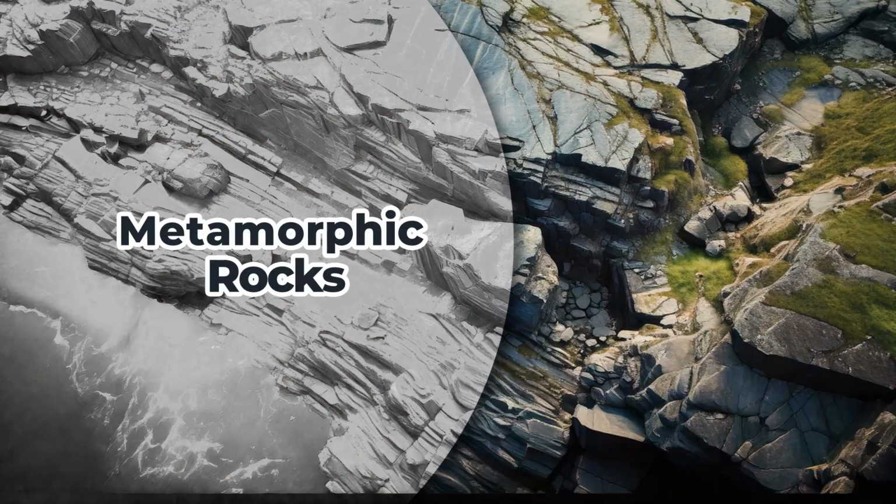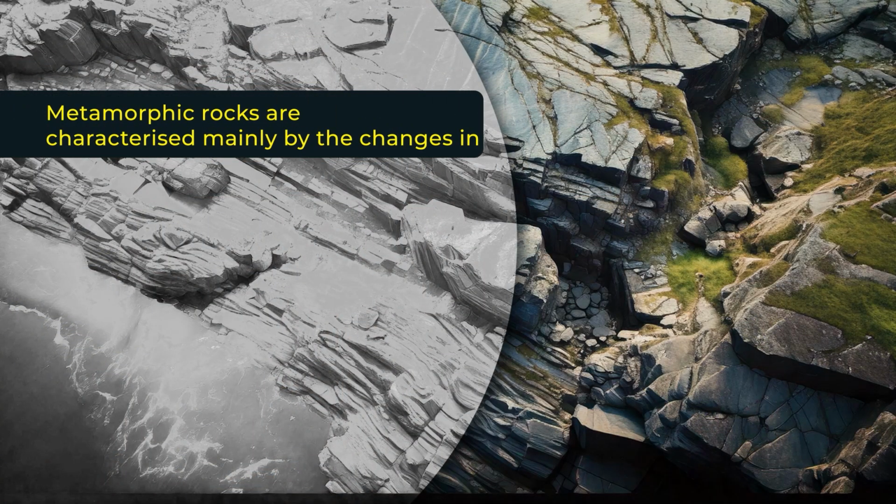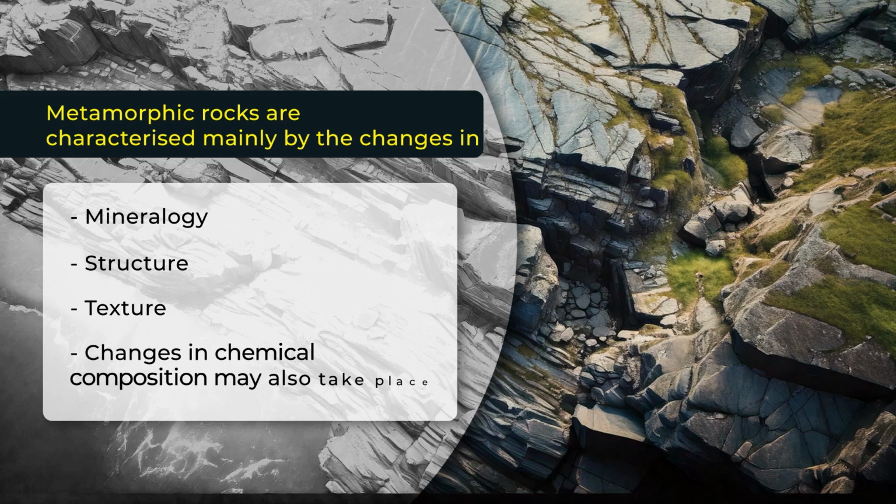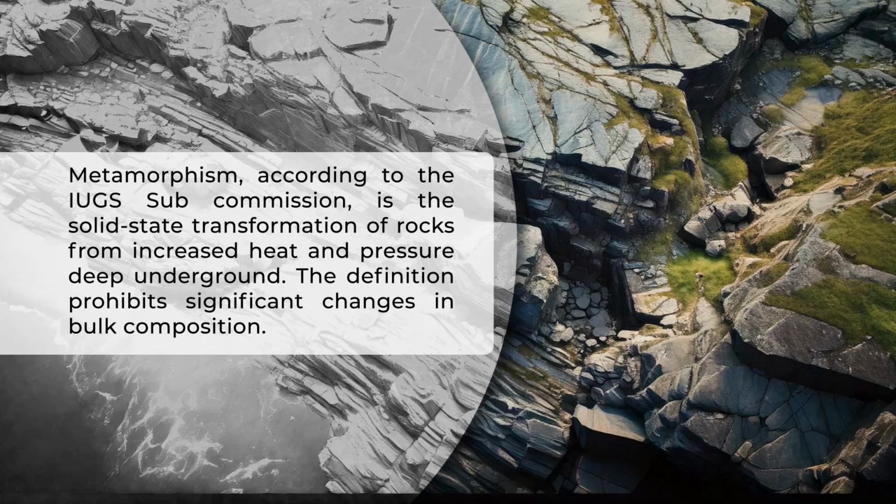Now metamorphic rocks are characterized mainly by changes in mineralogy, structure, texture and sometimes changes in chemical composition may also take place. Now, what is the definition of metamorphism according to the IUGS subcommission?